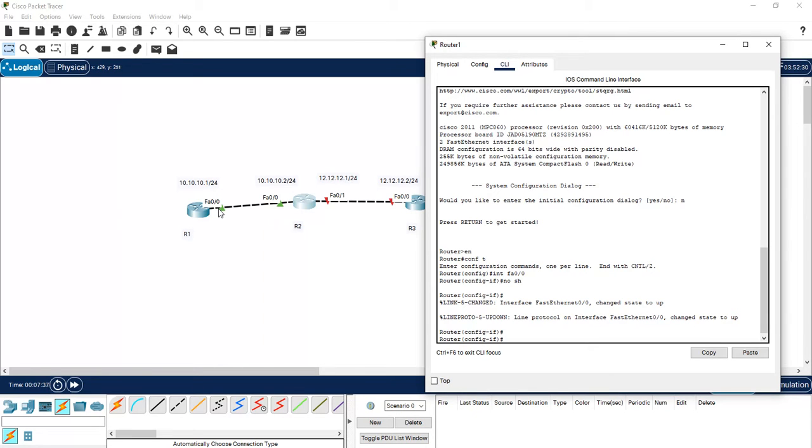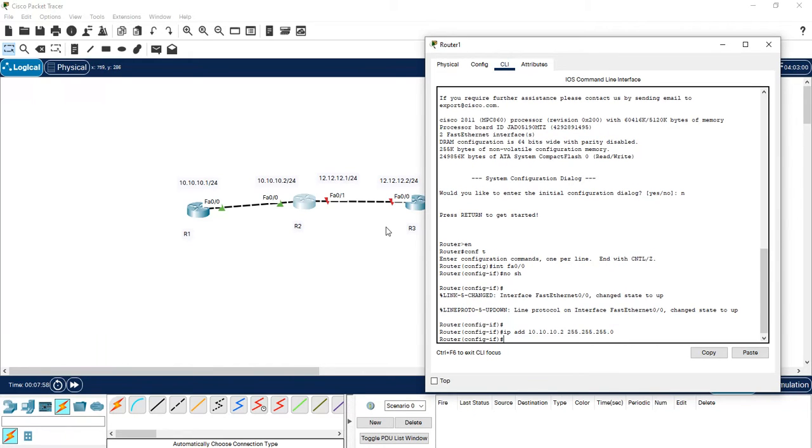This means the router is already on. Then we put the IP address on router 2 connected with router 1. The IP address is 10.10.10.2. The subnet mask is 255.255.255.0.